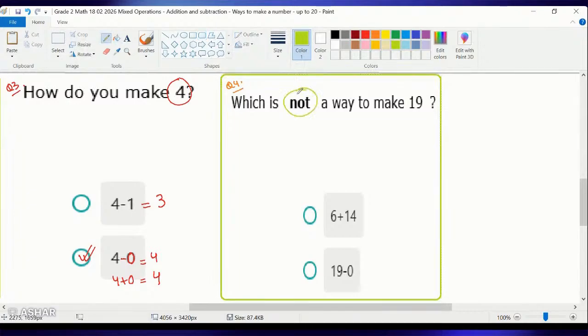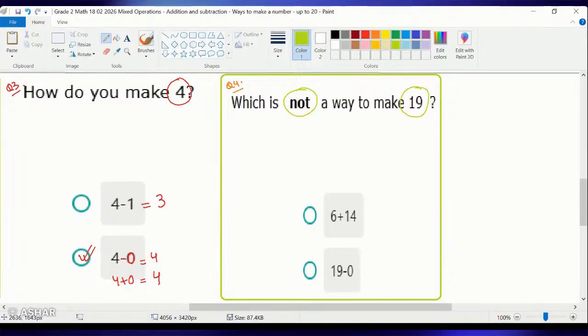Not a way to make 19. It's okay, Semi. Not a way to make 19 would be?